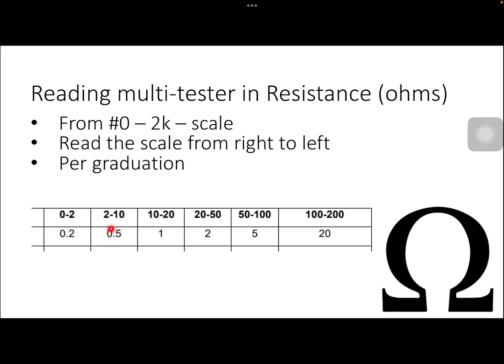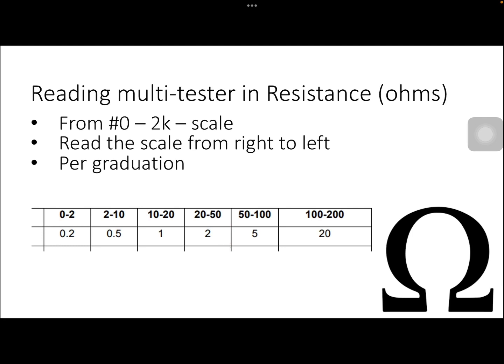Ang basa naman per graduation is 0.5. For 10 to 20 scale or range, ang basa naman ng bawat guhit dyan is 1. And 20 to 50 is 2. 50 to 100 is 5. And 100 to 200 is 20.